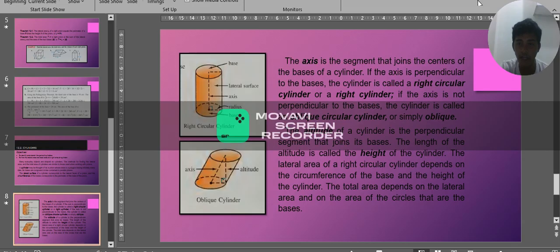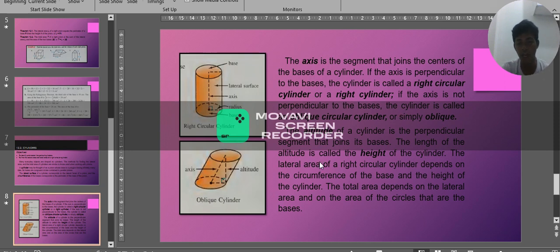So, regardless of whether the cylinder is oblique or right, there's still an altitude to be considered. Now, altitude is concerned with the height of the cylinder from top to bottom.